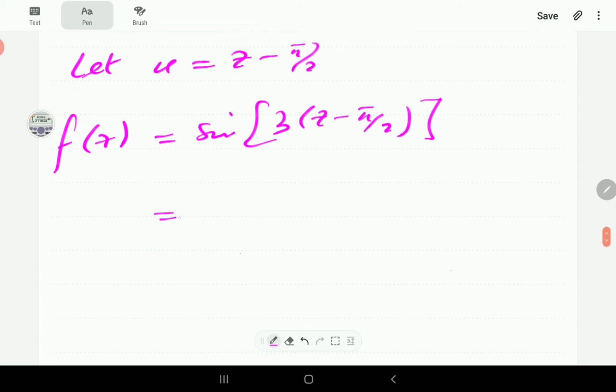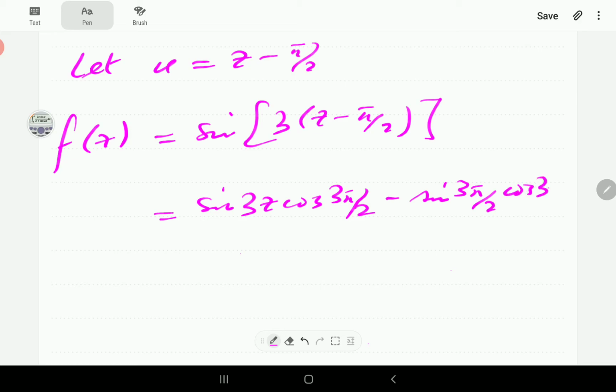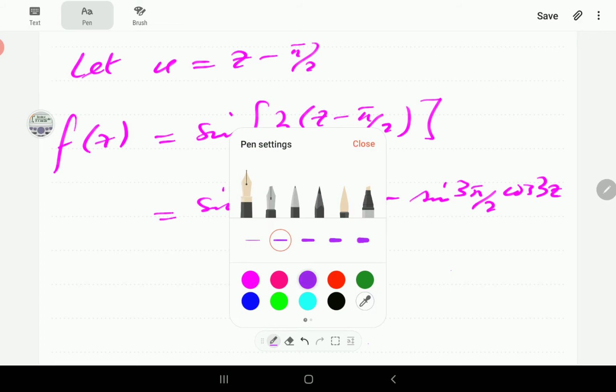And then this is going to be sine A cosine B minus sine B cosine A. And then cosine 3 pi on 2 we know is 0.